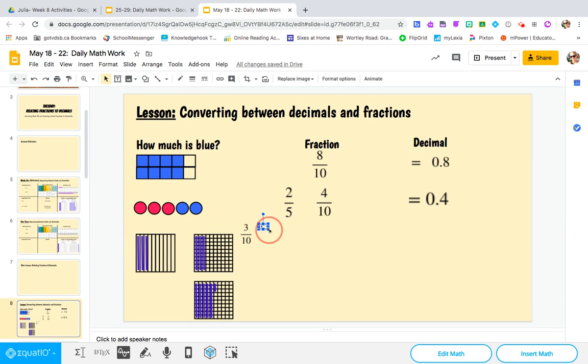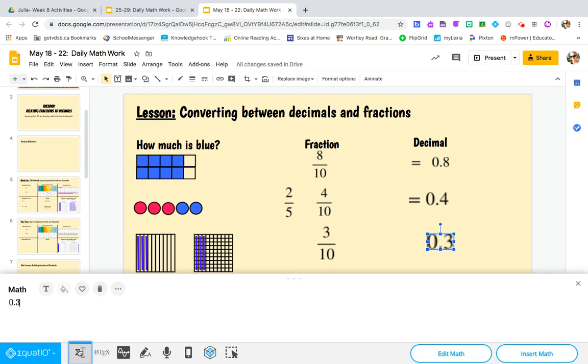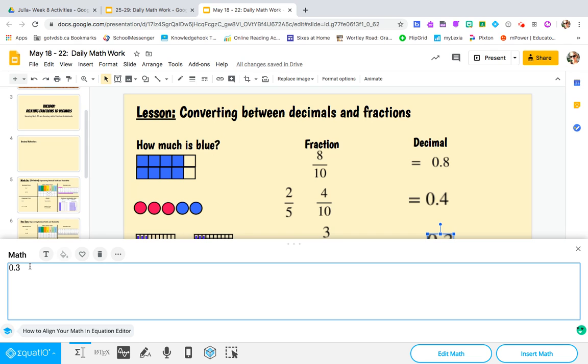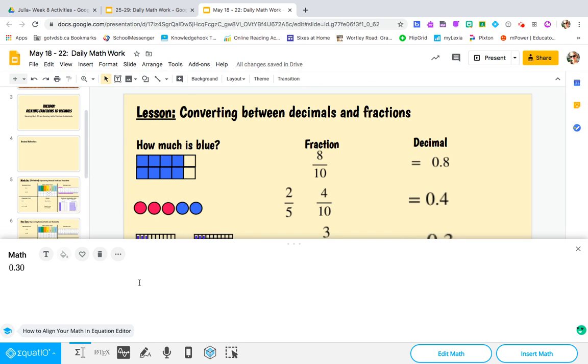Now, one thing that we learned earlier this year is why I included this picture over here of the hundredths. What we need to also recognize is that the same amount of colored in spaces as tenths, you can represent that as hundredths as well. So you do need to recognize that 0.3 is also the same thing as 0.30.